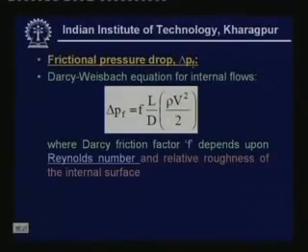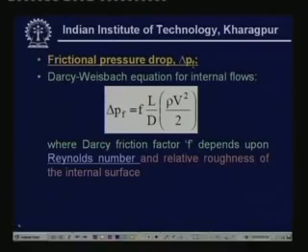Now the frictional pressure drop. The frictional pressure drop is given by Darcy-Weisbach equation for internal flows, and it is given as delta Pf is equal to f L by D into rho V square by 2. This is the frictional pressure drop, and here L is the length of the pipe or tube or the duct, and D is the internal diameter if it is a circular pipe or tube, or an equivalent hydraulic diameter if the cross section is non-circular, and rho, as you know, is the density and V is the velocity.